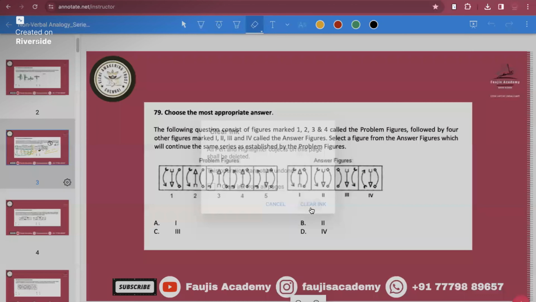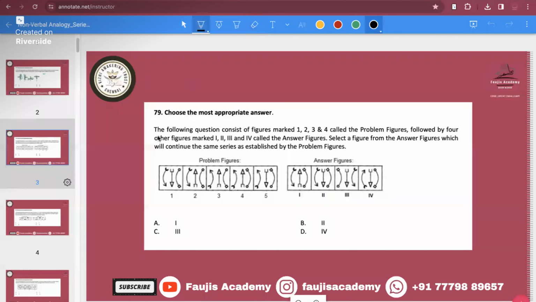So, sir, from the first figure to the second figure, the middle one is going up. And from the second to the third, the left side one is going up. So consequently, the next is the right side changing. And again, the middle is changed.